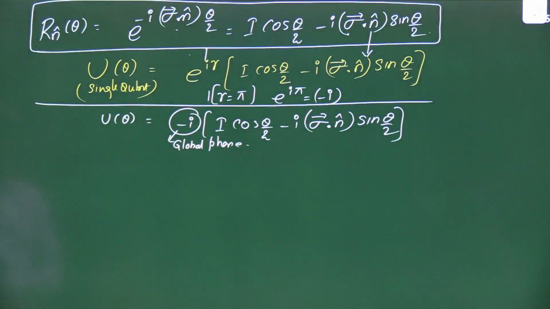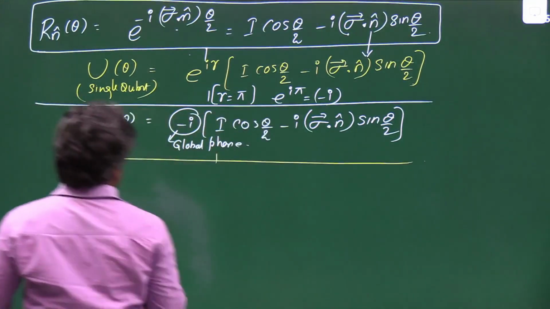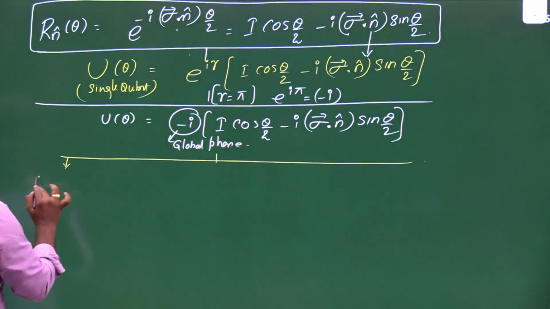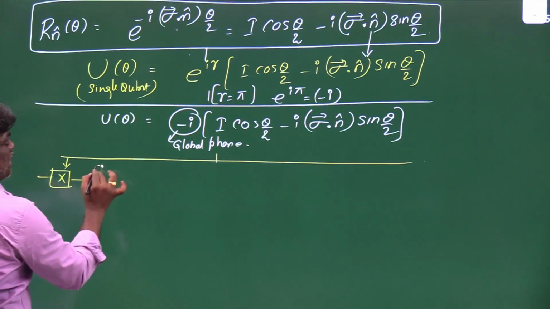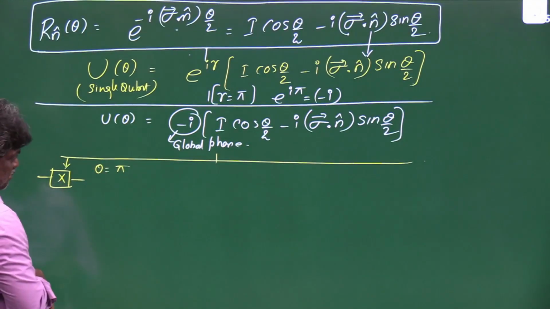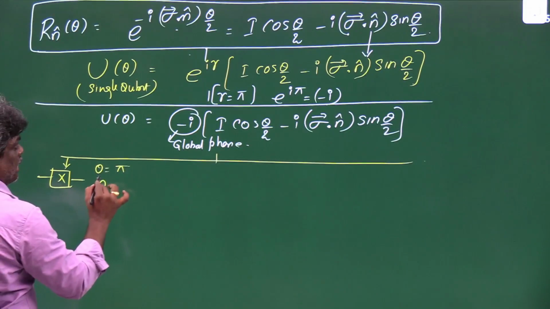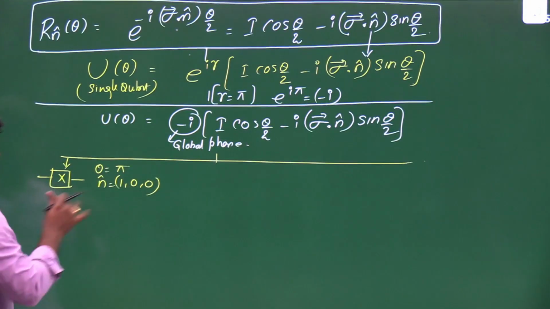Now I want to get the Pauli X gate. For the Pauli X gate you have to take theta equal to pi, and n cap equal to 1, 0, 0, as I told you already. Please substitute these two.